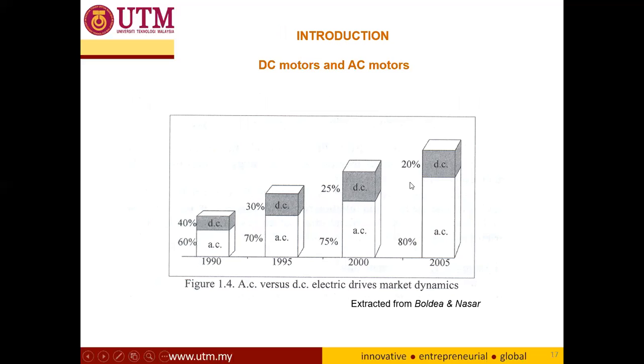Even though the control is very complicated, due to the introduction of power electronics, the control is no longer complicated. That is why industry has moved forward to use the AC motor drive instead of the DC motor. Even though the DC motor is very easy, since the maintenance is quite high, industry moved forward to the AC motor.